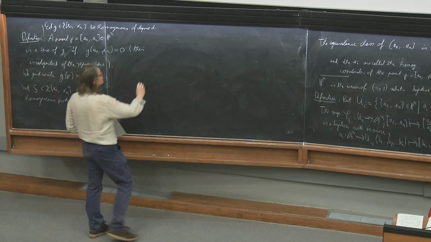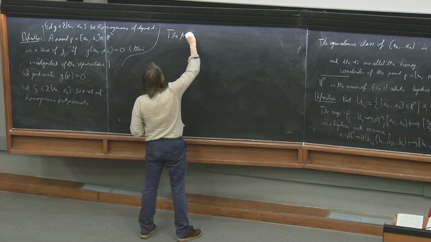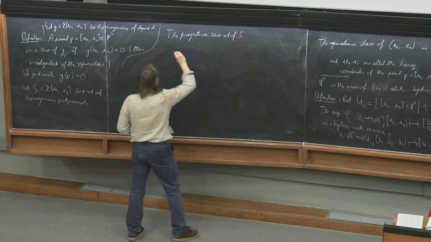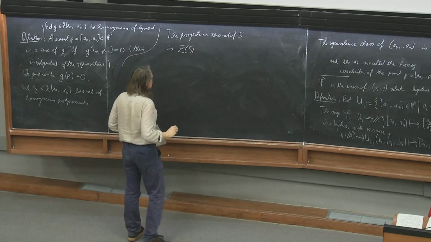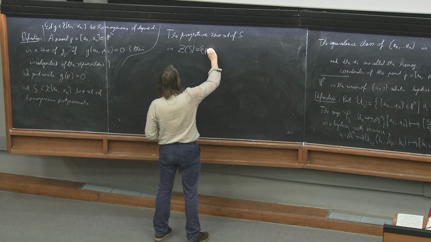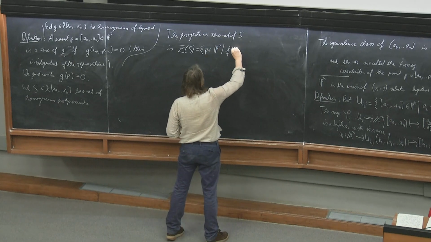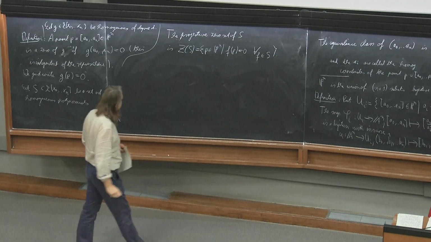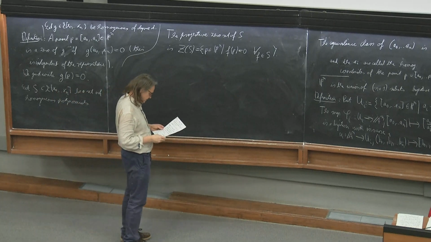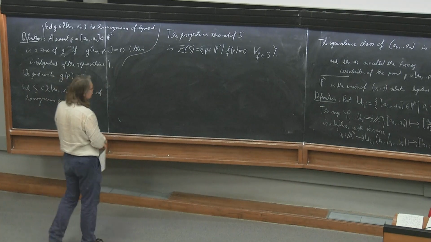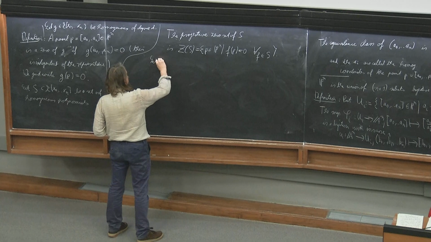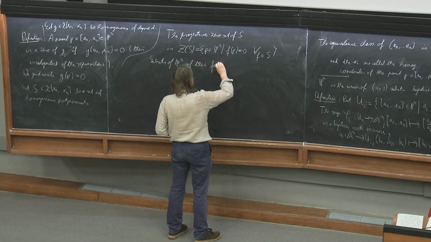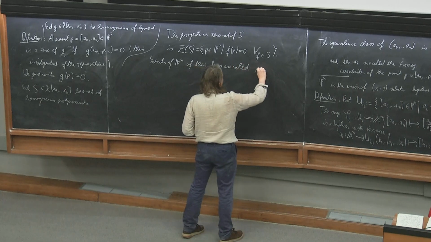The projective zero set of this, I denote just Z of S. Well, this is just the set of all P in Pn such that f of P is 0 for all f in S. So the definition here makes sense, and subsets of Pn of this form are called projective algebraic sets.